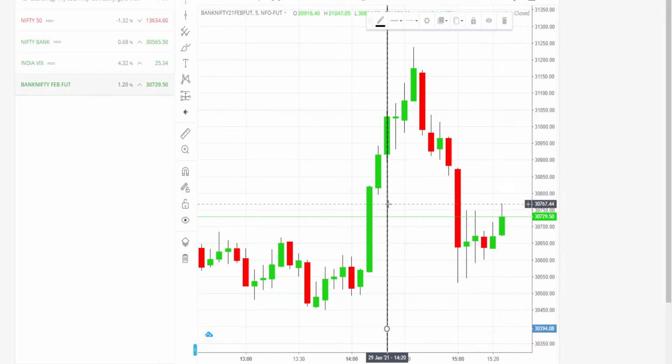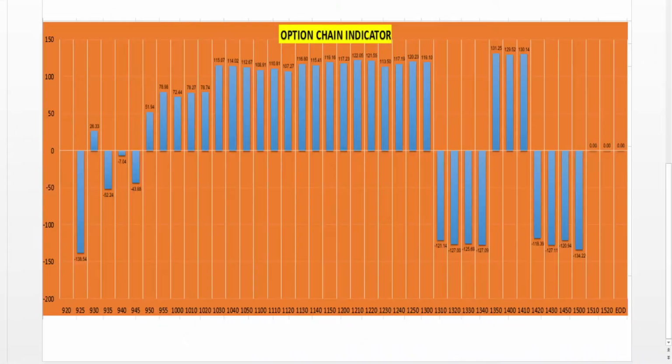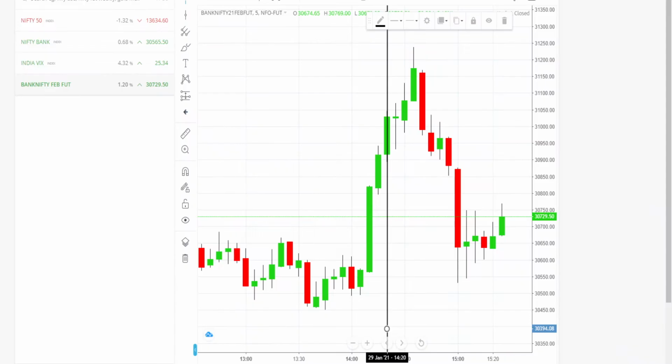Here, if you immediately take a trade around 31,000 to short sell it, what will happen? Let us see here a little bit. This is 220, 230, and this is 240, continuously for 30 minutes, half an hour.